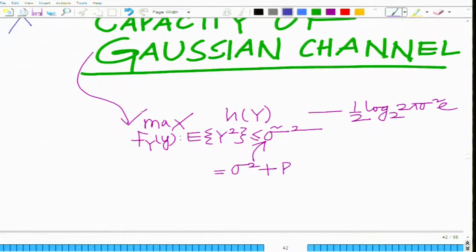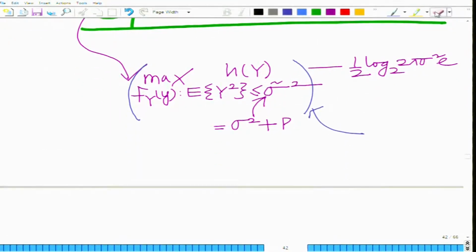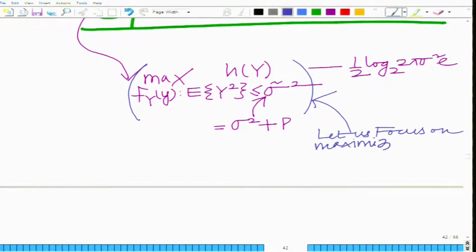So, first let us focus on maximizing this part, the differential entropy of the output y.